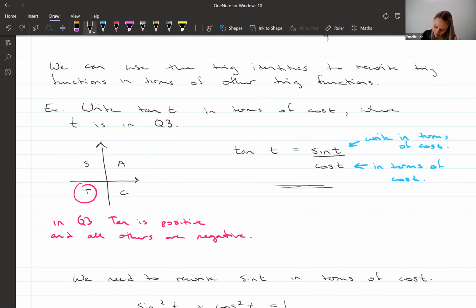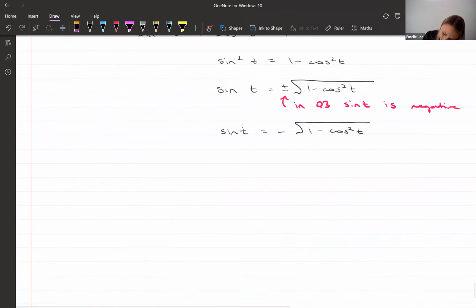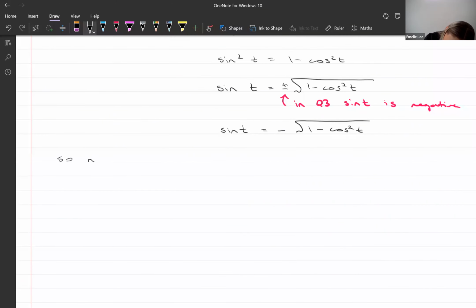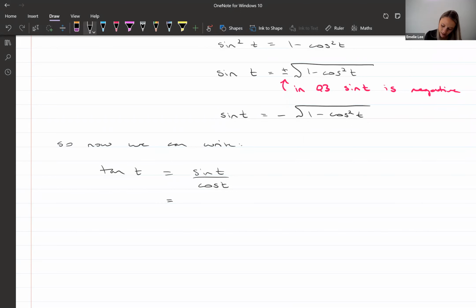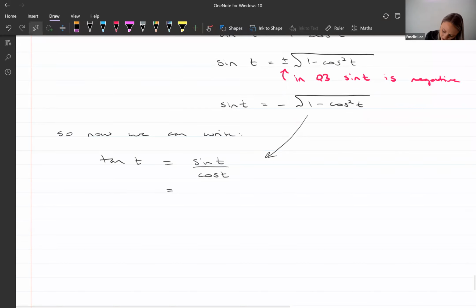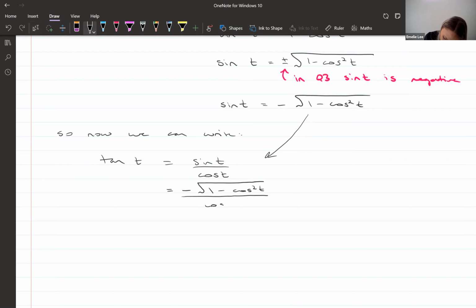So that's what I'm going to transfer to what I started up here. Now we can write tan t is sine t over cos t, and sine t is being replaced by this. So I get negative root 1 minus cos squared t divided by cos t.